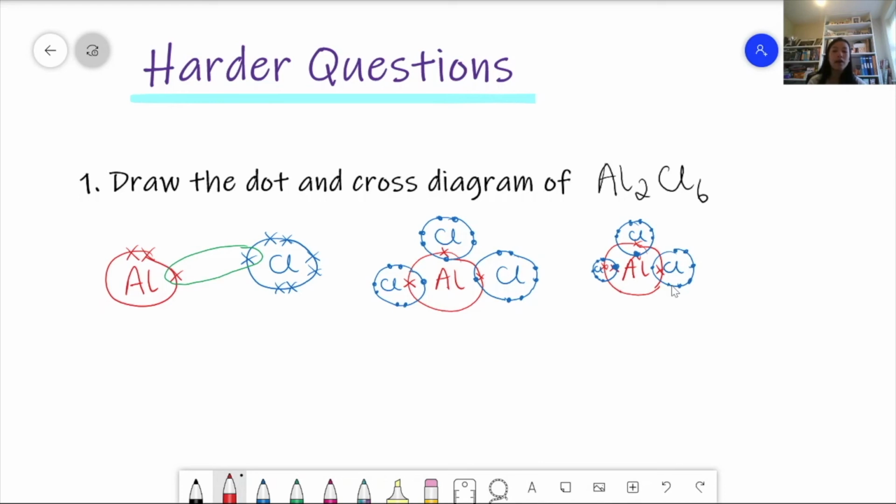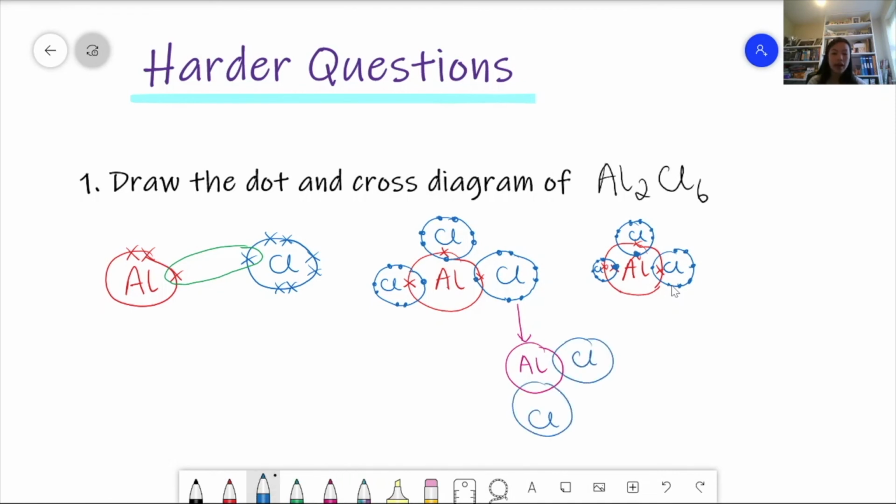Well, chlorine actually has a lot of excessive electrons that we could use. So we pick a particular chlorine, so let's just say we pick this one, and we donate these 2 electrons to an aluminium, which has been bonded with 3 chlorines.